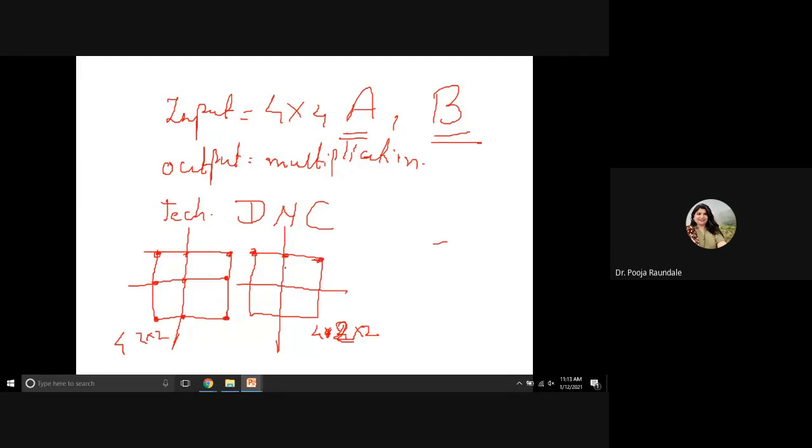You consider your starting row number, ending row number, starting column number and ending column number. This is how you will have to define each piece of the 4 by 4 matrix. Then you convert your code into a general code which takes any matrix, let it be 8 by 8 or 16 by 16, and it should be able to perform the matrix multiplication.